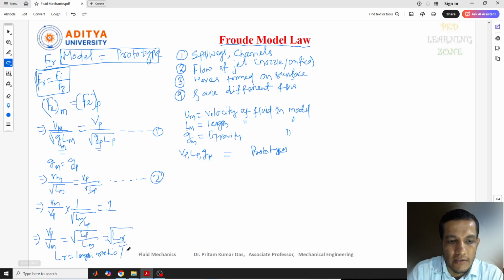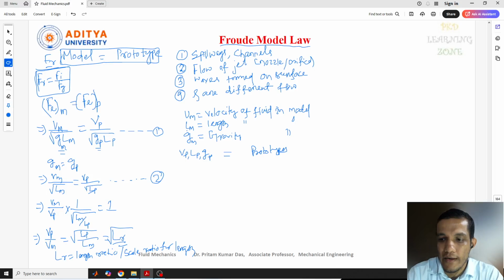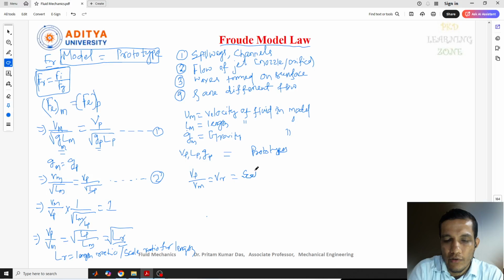Similarly, Vp by Vm equal to Vr, and this is nothing but scale ratio for velocity.